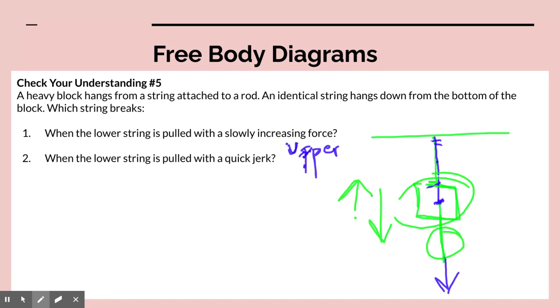If you quickly pull on it and you add a little bit of force to it, for the most part, your lower string is going to break, specifically because the tension force between your hand and the string, how to explain it.